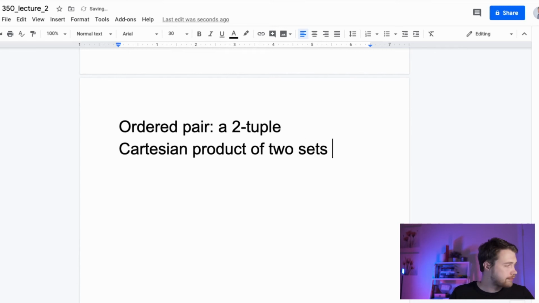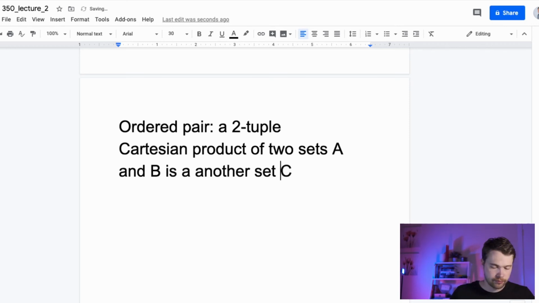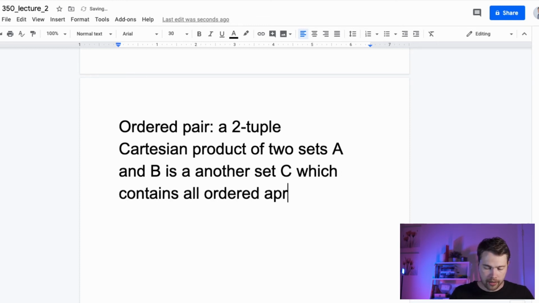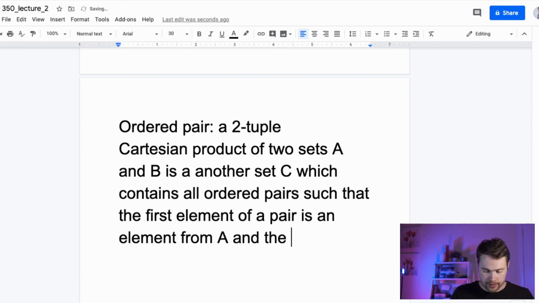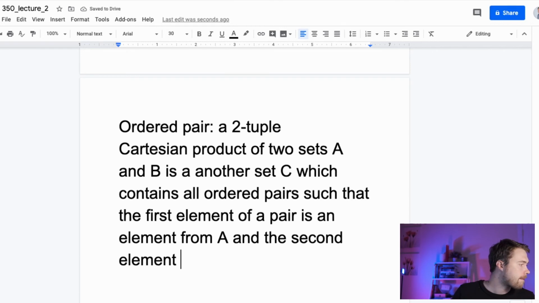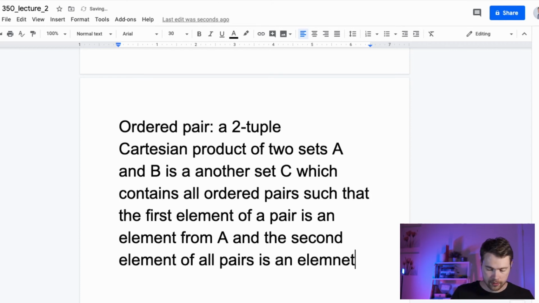So Cartesian product of 2 sets, A and B, is another set, C, which contains all ordered pairs such that the first element of each pair is an element from A, and the second element of all pairs is an element from B. Okay, so let me give you an example.